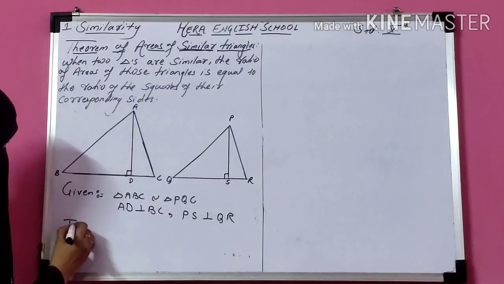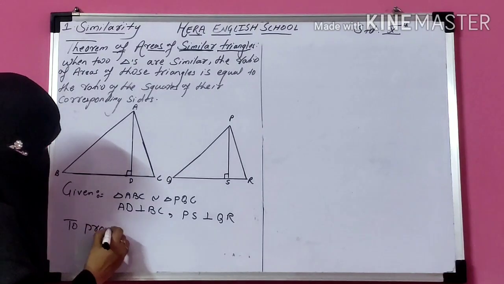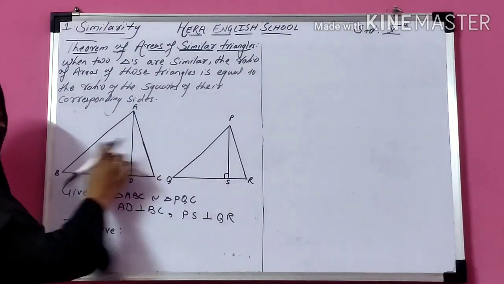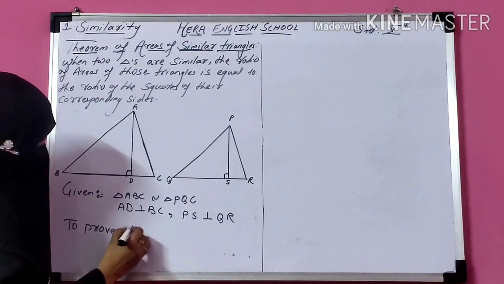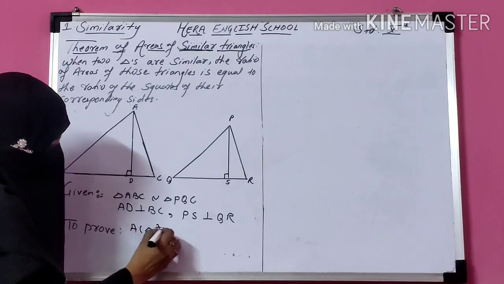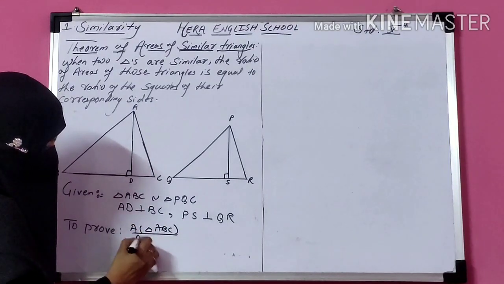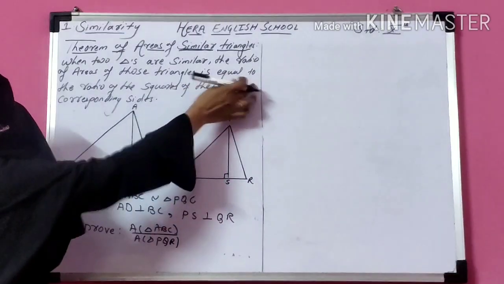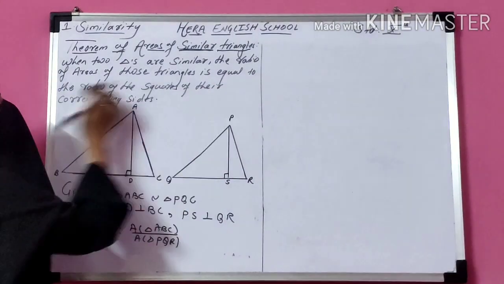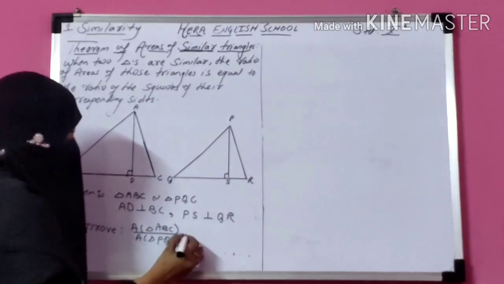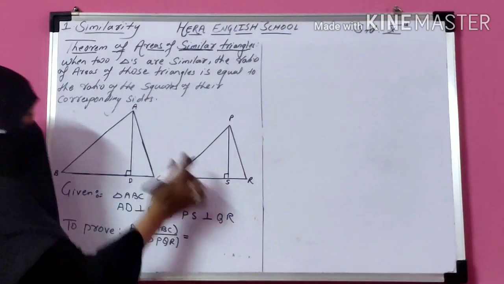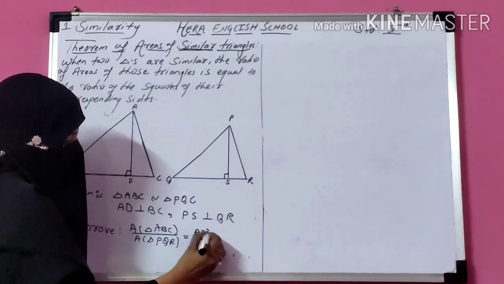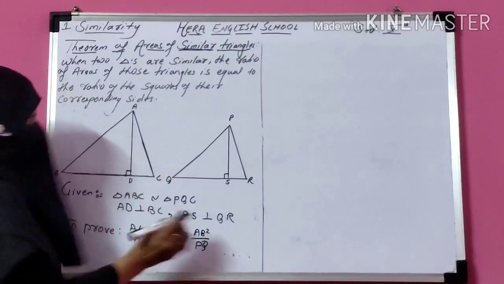Now to prove, what we have to prove? Ratio of areas of these two similar triangles, that means area of triangle ABC upon area of triangle PQR, is equal to the ratio of the square of their corresponding sides. So first corresponding side AB upon PQ, so AB square upon PQ square.